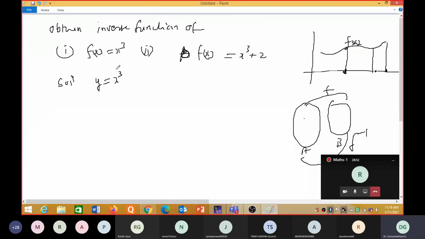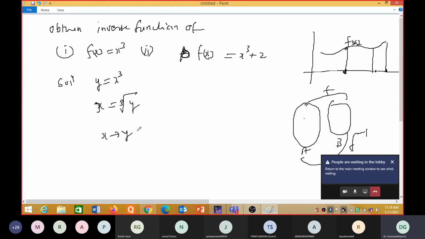You tell me what is x from this one. What is x? X is equal to cube root of y. Am I right? Now you change x. This is the rule. X is changed to y and y is changed to x. So what you will get? This x will become y.